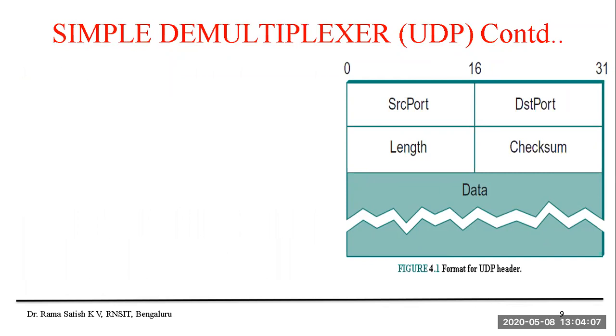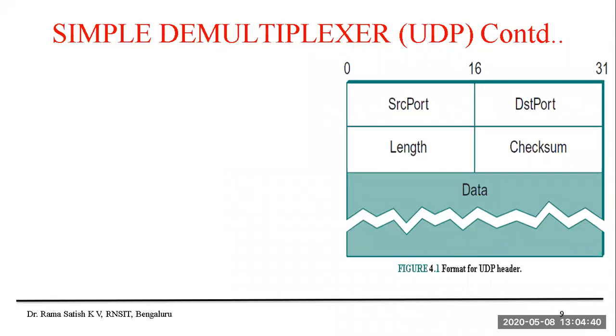Observe here, this protocol works with ports, very importantly. Why ports? You can ask me, sir, earlier protocols had source address and destination address, so why does UDP work on ports? As I said, multiple processes are running, and it has to support all the processes running in the application layer.